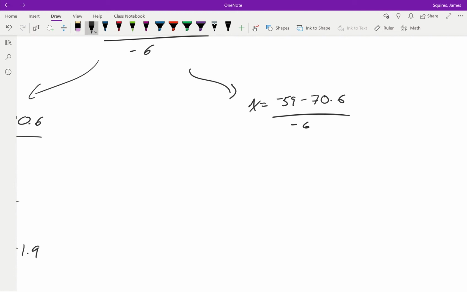We're going to get minus 129.6, all divided by minus 6, so x equals positive 21.6.